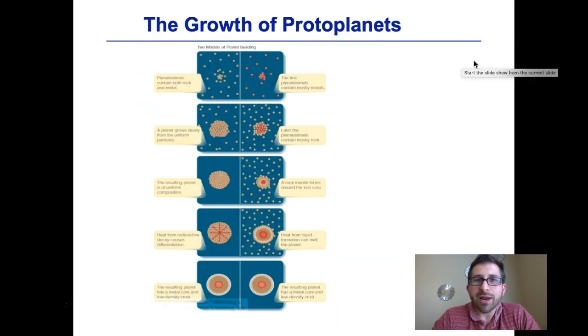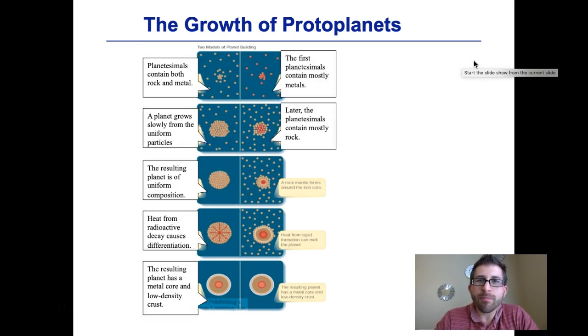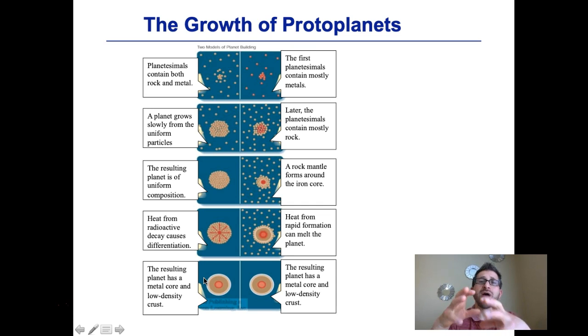In the protoplanetary process of growing protoplanets, there are two running theories here that we could potentially have. On the left, we could have a model where the material is originally more rock and metal, and then heat from the actual process of formation causes what we call differentiation to occur, where we have a solid metal core and a liquid metal core, and then more silicate materials as we go farther and farther out.